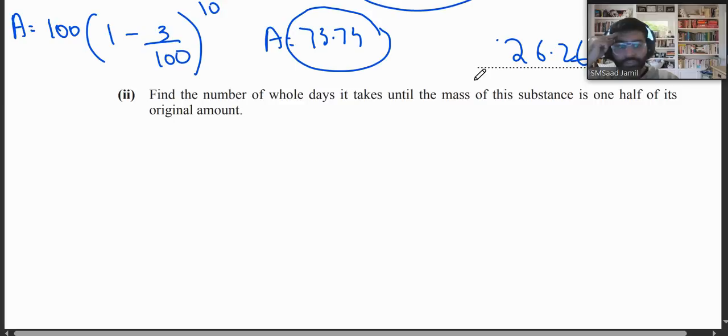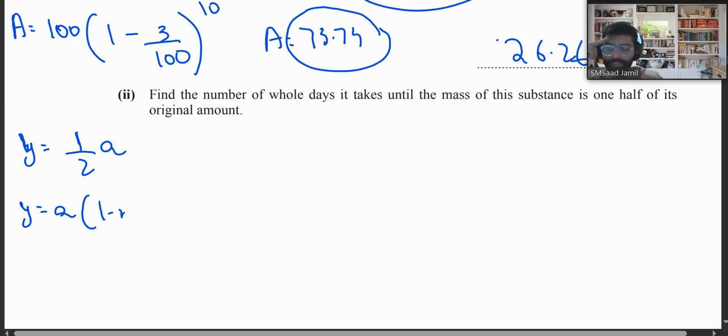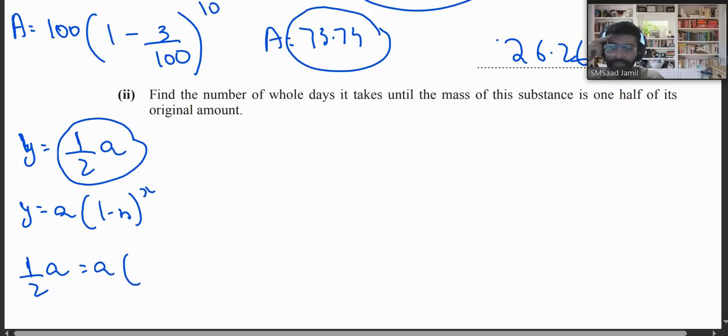of substance is 1/2 of its original amount. So look guys, it says that the mass of the substance is 1/2 of its original amount. So this means y is equal to a(1 minus n) raised to power x. So instead of y, what's the value of y? 1/2, half basically. Half a is equal to a multiplied by 1 minus n.